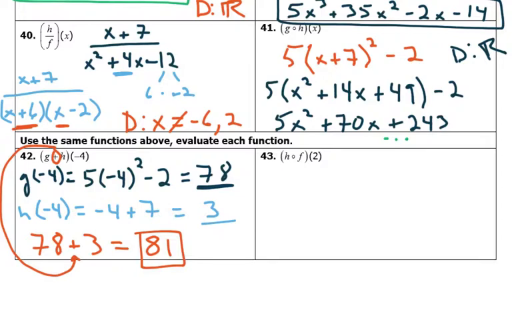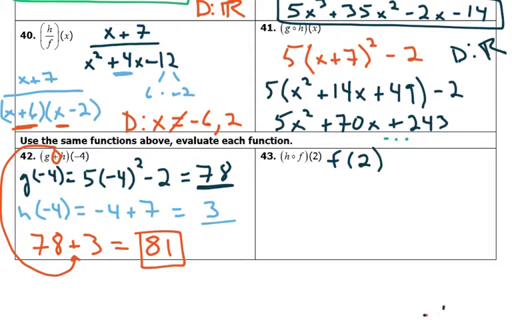Last one here. H of f of negative 2. All right. So here we go. We need to figure out what f of 2 is. F of 2. Oh, boy.